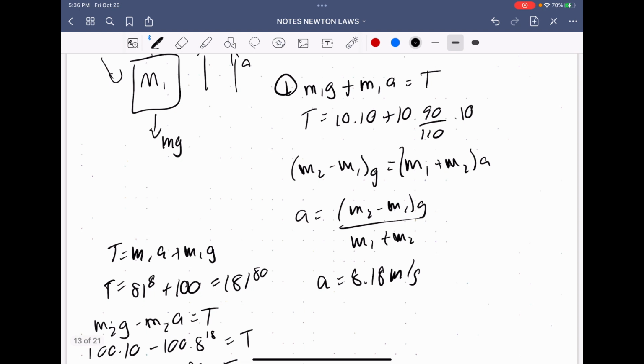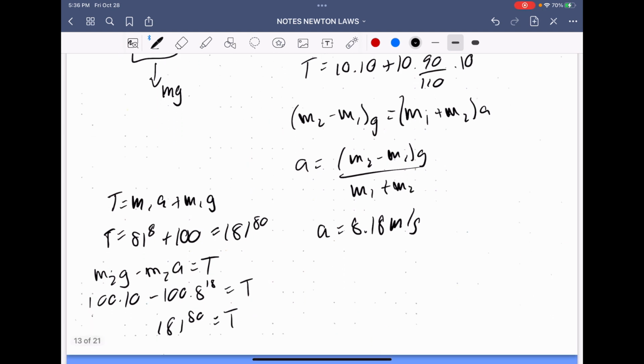And from that, we get an equation for tension. And then applying this rule with both the systems, we get A equals M2 minus M1 G over M1 plus M2 right here.